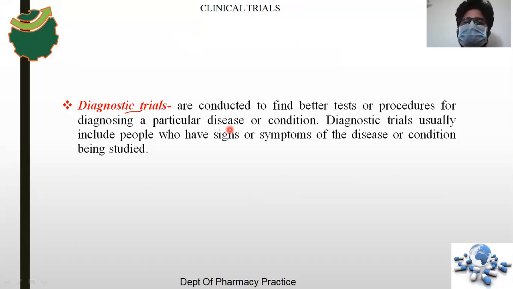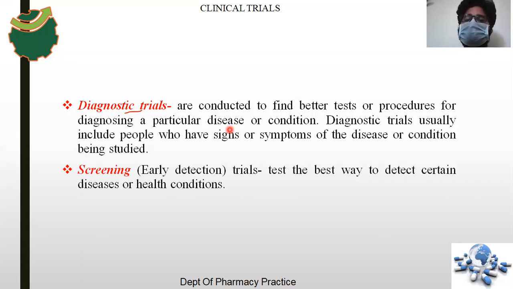Next one, screening trials. Screening trials include people, to find procedures to identify people who are at risk of developing a disease condition. Take an example: people who have diabetes are at risk of developing nephropathy and diabetic neuropathy, which means it can affect the kidneys and the eyes.